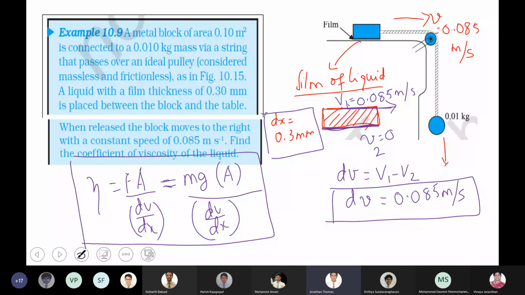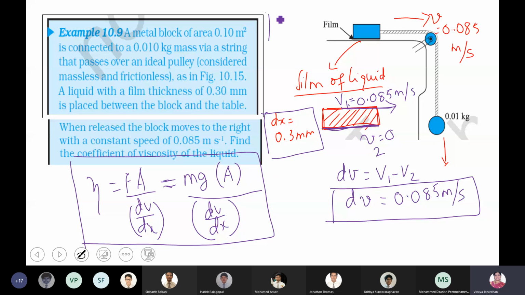Ma'am, in the question when they're saying 0.10 meter square, they're talking about the bottom area of the block. So whatever it is, the area of the film depends upon the area of the block which is placed on top of it. If you place a larger block, boys, the area of the film also will increase.